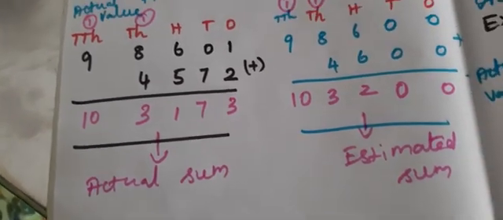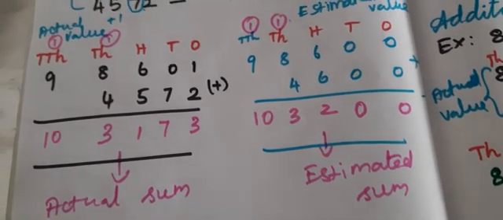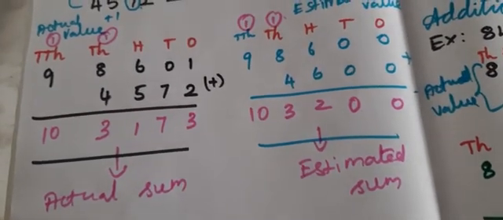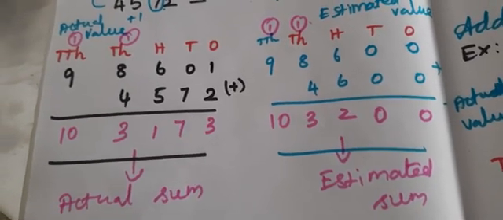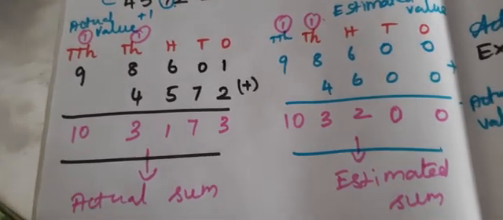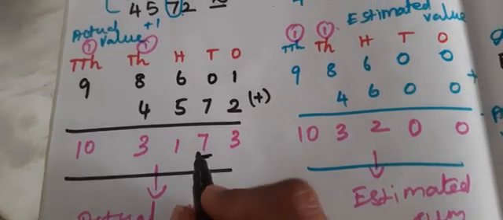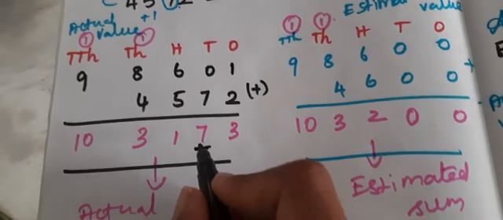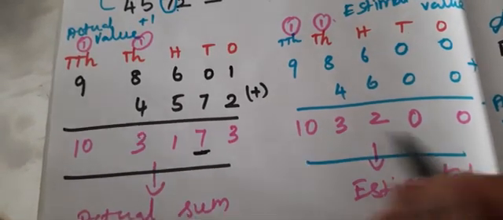The last final step is to check the answer, verifying the answer. In the actual sum, we have to apply the nearest to 100 concept, which means we have to observe the 100 place. What number is there? 7. 7 is more than 5. More than 5 means what is the step?